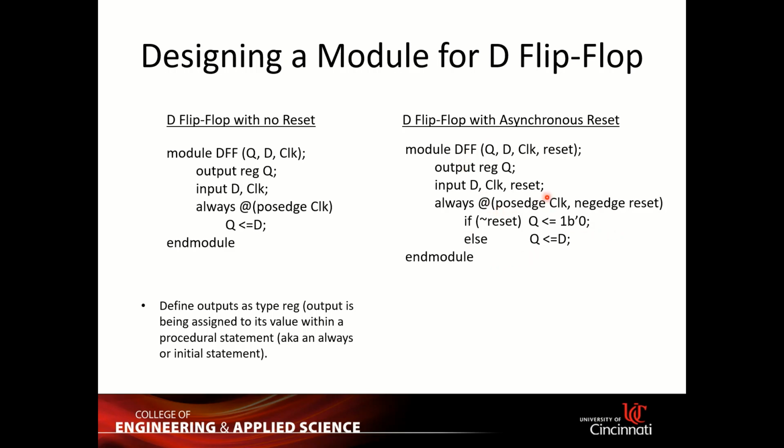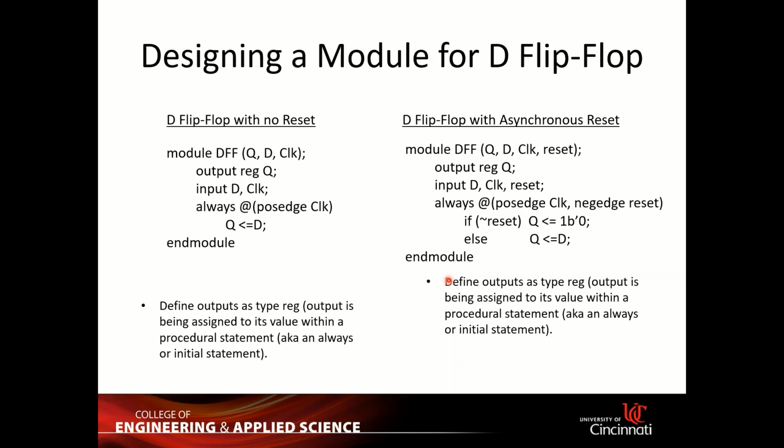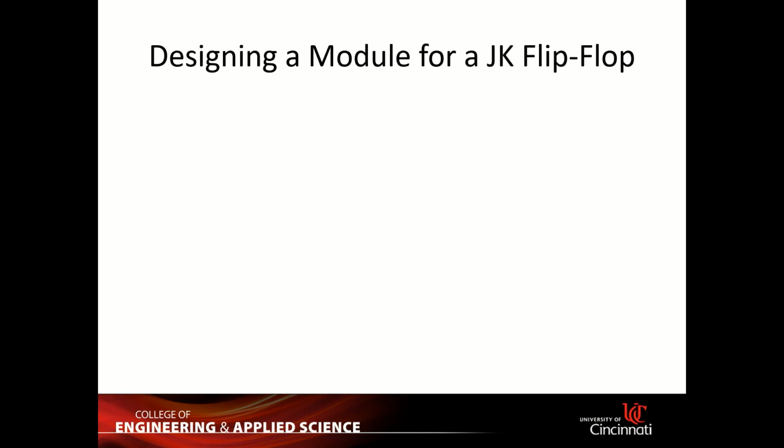So you set everything to 0, else, if not, you shift D to Q. We define the output as type reg the same way. The reset is asynchronous, so it's checked whenever the reset goes from 1 to 0, so it's on the falling edge.